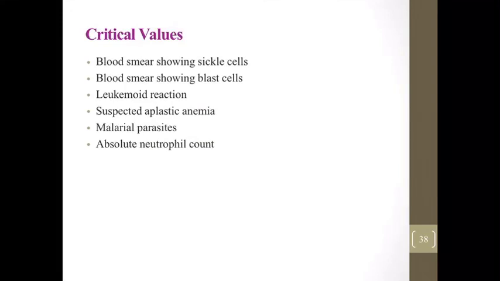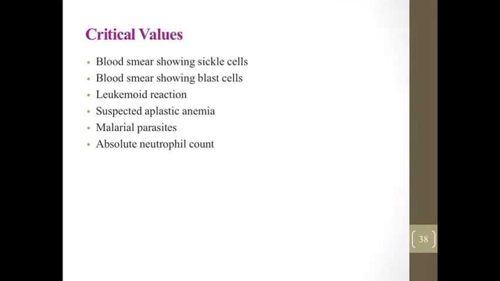If we see microcytes, we have to advise an iron study. If we see a megaloblastic picture, we have to advise B12 and folic acid. If we see sickle-shaped cells in the RBC, we have to advise the solubility test and HPLC for the same. If we see blast cells, we have to advise tests for leukemia.